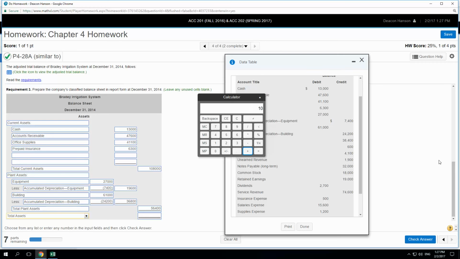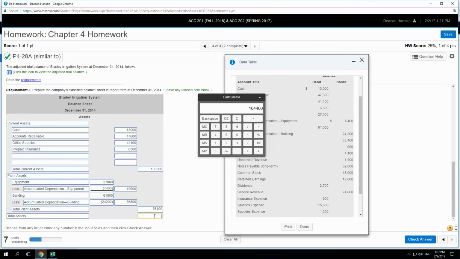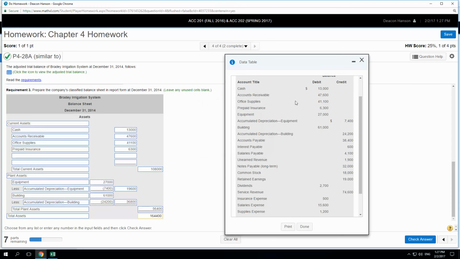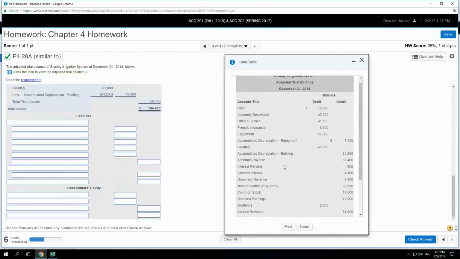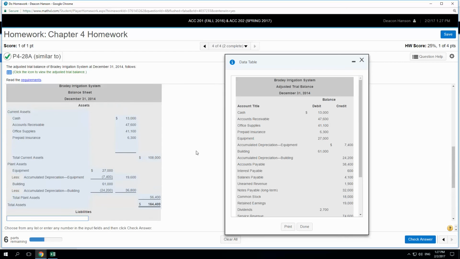Okay. So I got 164,400. And I got it right, and it looks like they probably did want either the parentheses or the negative sign. I think if you put the negative sign, it's going to automatically put in parentheses for you. So you can try that. Okay. So far, so good.